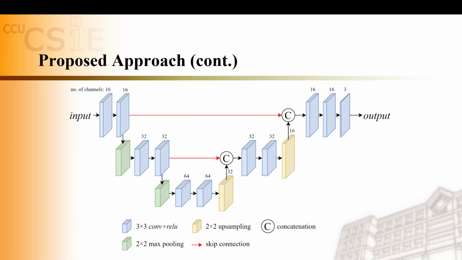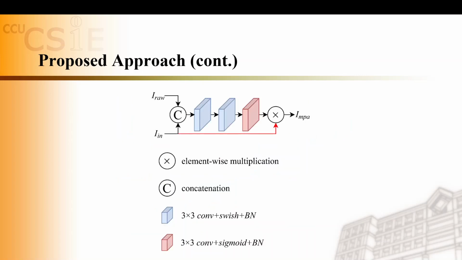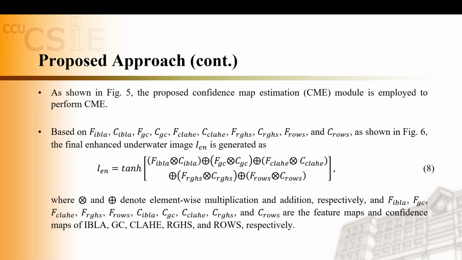Figure 3 shows the architecture of UNet. Figure 4 shows the architecture of the modified pixel attention PA module. As shown in Figure 5, the proposed confidence map estimation module is employed to perform confidence map estimation.